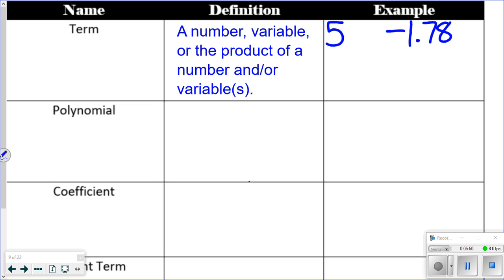It said a variable, so I'm going to use z. Or we could have x squared. And then a product of a number and variable means that we're multiplying a number and a letter. So 3y. Or we could have negative 2w to the 5th power. Those are all examples of terms. Okay?